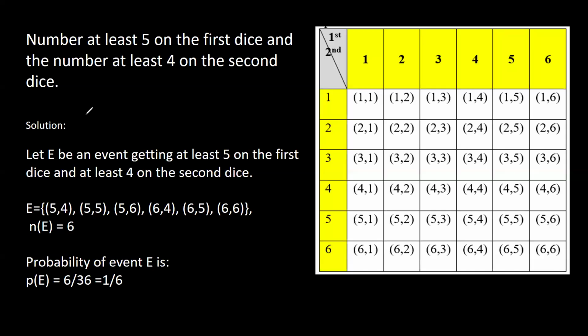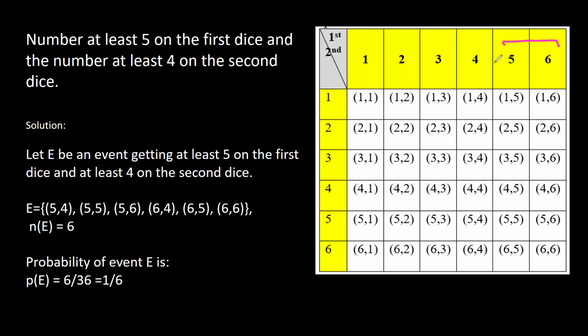The next part of this question is that we have to see the number at least 5 on the first die. The first die is what I have drawn right here. This is die number 1, and the number on the die should be at least 5, meaning we will look at the 5 and 6 columns.